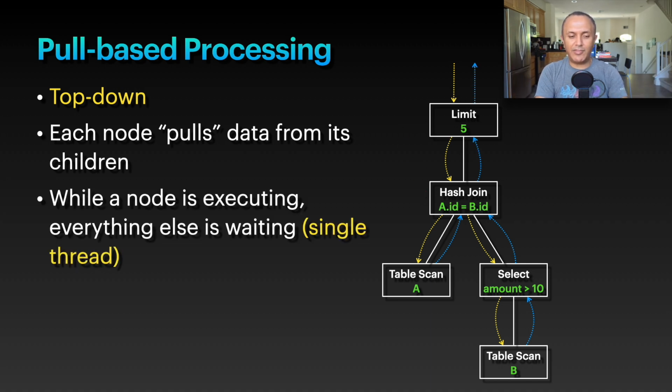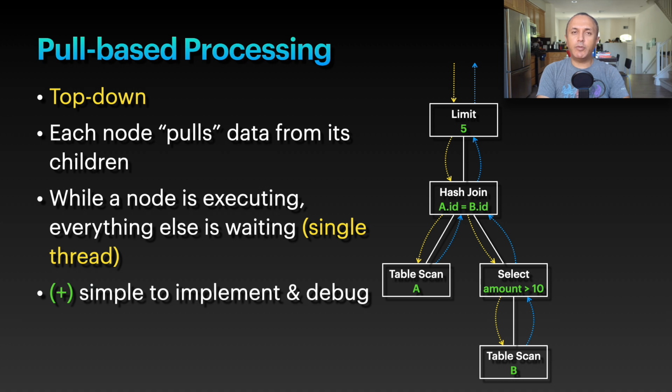So as we've seen in this animation, while one node is executing, whatever node had the red arrow pointing at it, everything else is waiting. You can think of this as single-threaded execution. Everything else is waiting until this node is done and returns to the parent, or starts calling the child again. The advantage of this model is that it's very simple to implement and also very easy to debug, right? You can easily know at any point in time where the execution is, which node is executing.